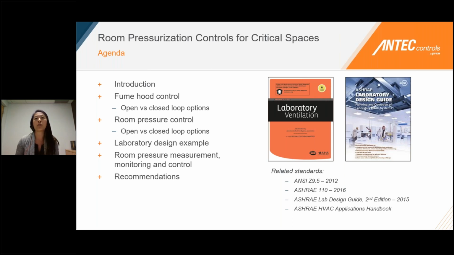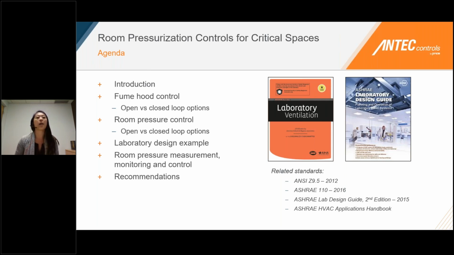And then based on all of those different factors and options, we're going to go through a lab design example where we'll look at different factors and considerations when designing a lab space, and then calculate the airflow requirements based on each of those factors to balance out a lab space, and then select the correct airflow valve sizes for a specific application.